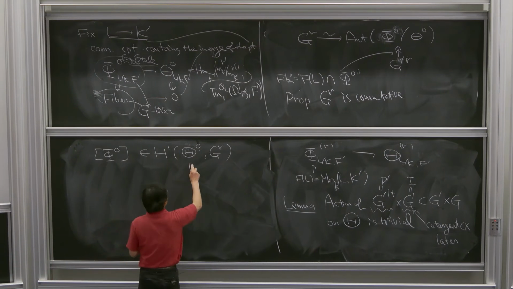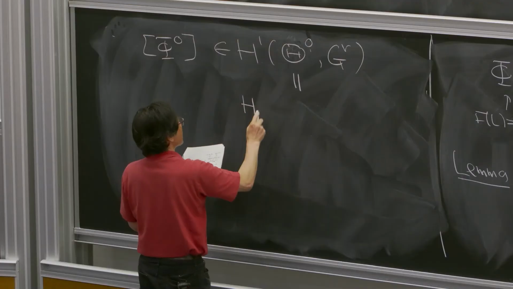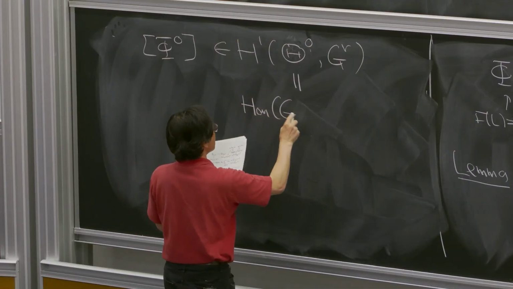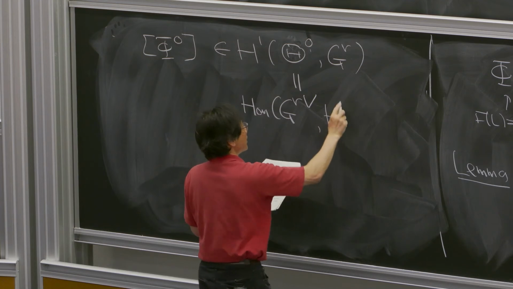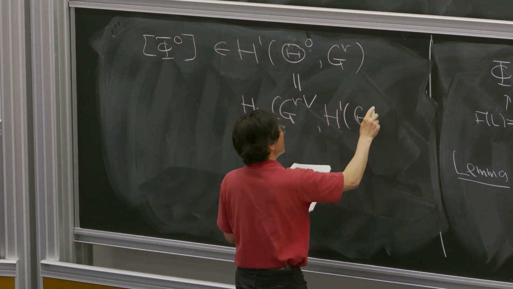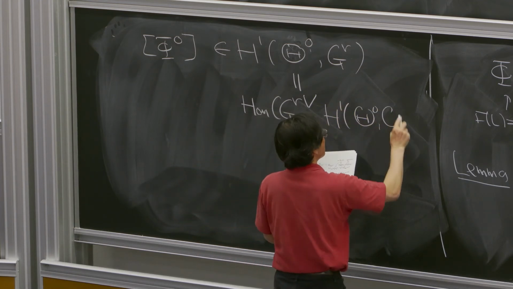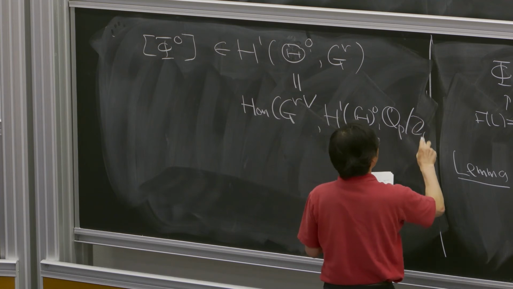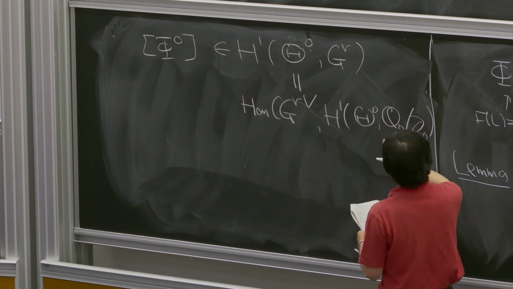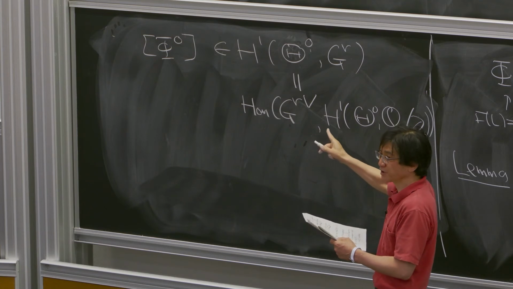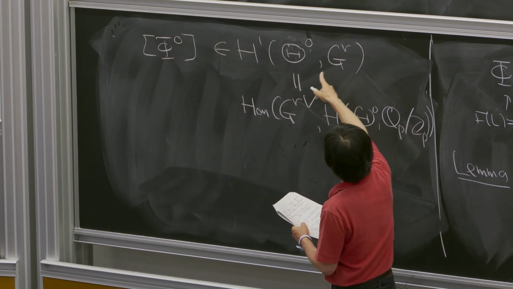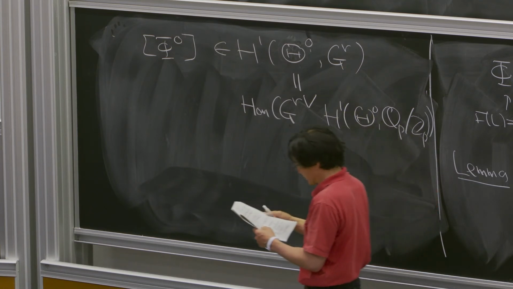This target has a description like this, dual to H1 theta 0 over Q_p divided by Z. And let me remind you that this is a p-group, and we know that this is abelian, so this cohomology is identified with this group.